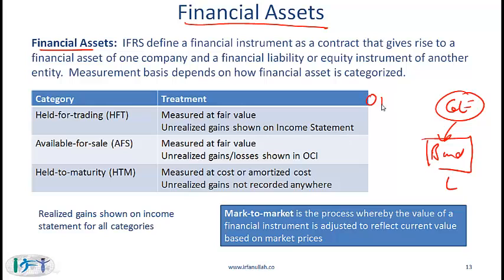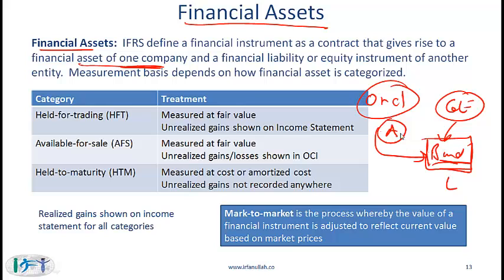If you have another company, let's say Oracle, which purchases this bond, then for Oracle, this bond is an asset. And that is what we mean over here, that a financial asset of one company, here the bond is a financial asset for Oracle, but that same bond is a liability for General Electric.